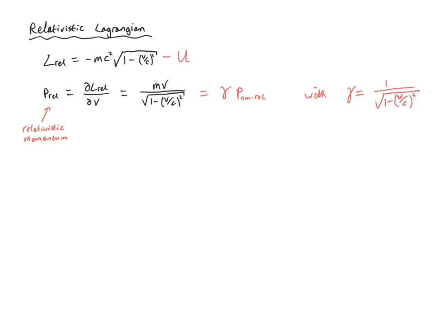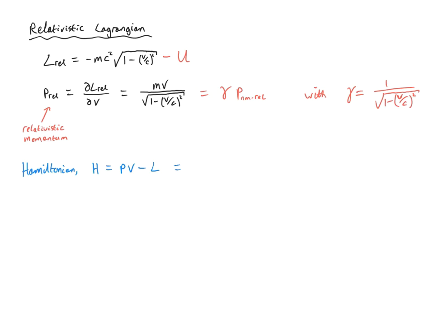What about the Hamiltonian? Well, we know from the previous lecture that we can obtain the Hamiltonian from the Lagrangian, and we do that through the Legendre transformation. And so in this case, the Hamiltonian H is given by the relativistic momentum times the generalized velocity v minus the relativistic Lagrangian. That's the expression we had in the previous lecture.